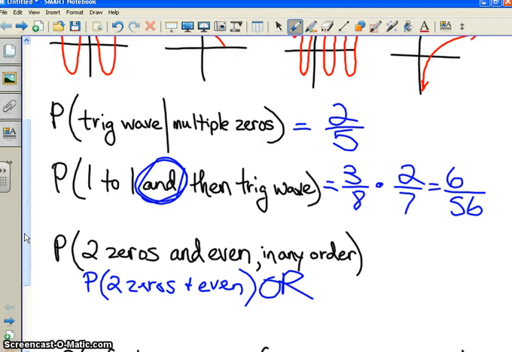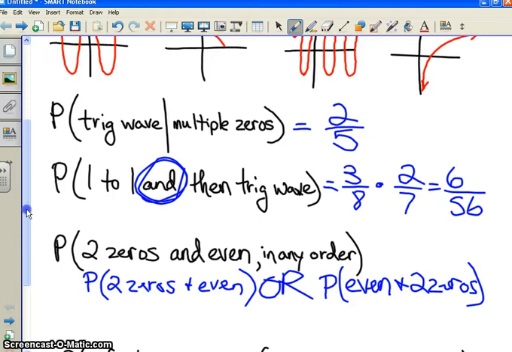Or, since it says in any order, I could pick the even function first, and then a function with 2 zeros second. And we'll do this one with replacement. After he picks the first card, we're going to put it back in.